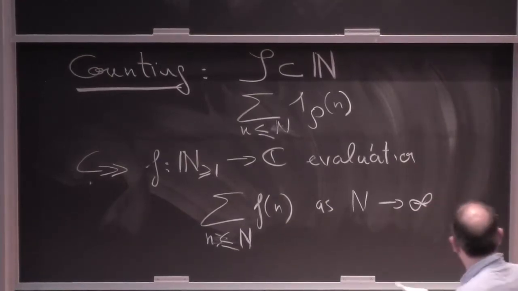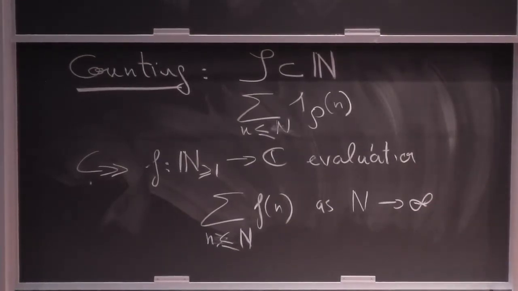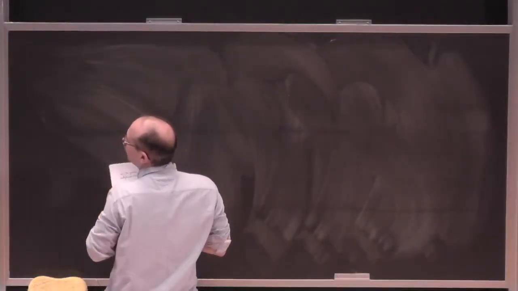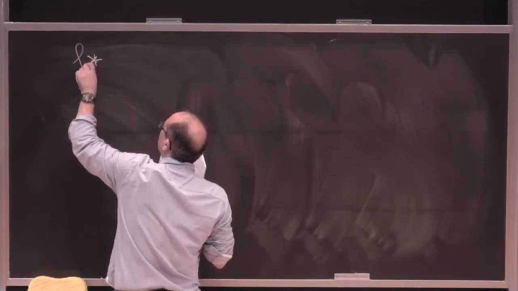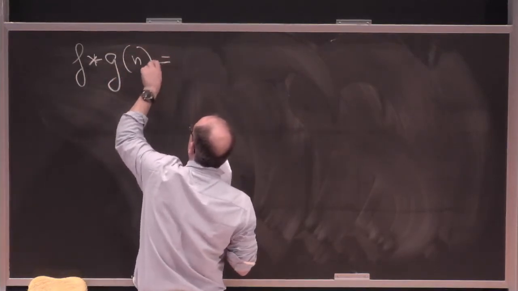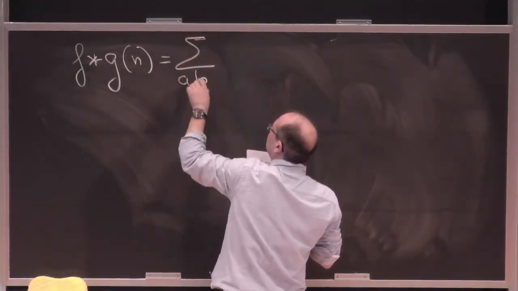And okay, the space of multiplicative functions is equipped with some composition laws. One which reflects the multiplicative structure of the integers is the Dirichlet convolution. If you have two multiplicative functions, their Dirichlet convolution is this sum.